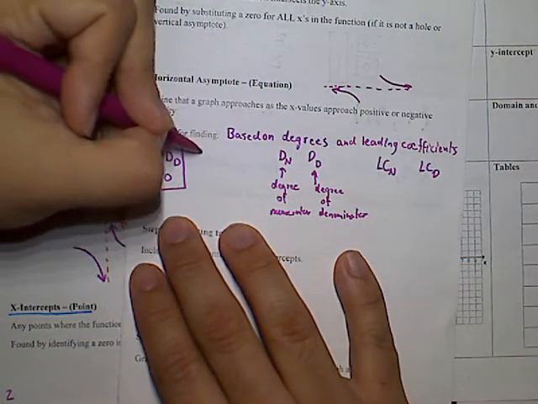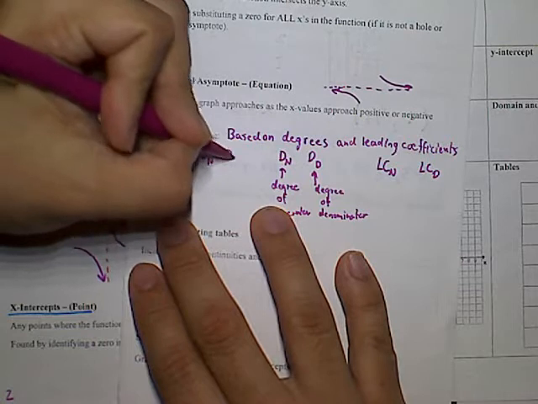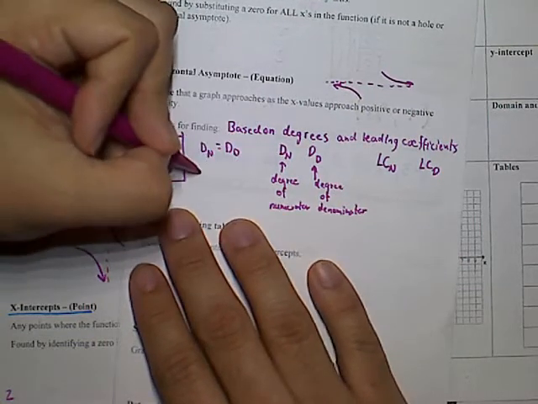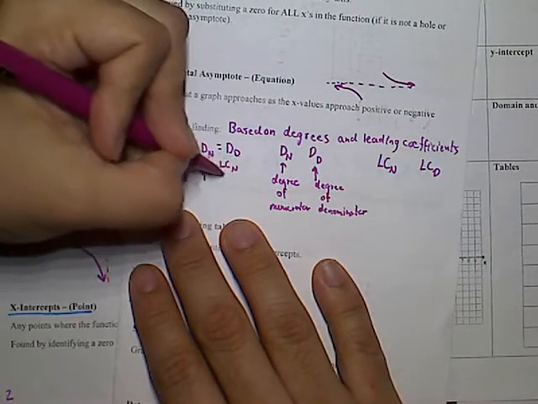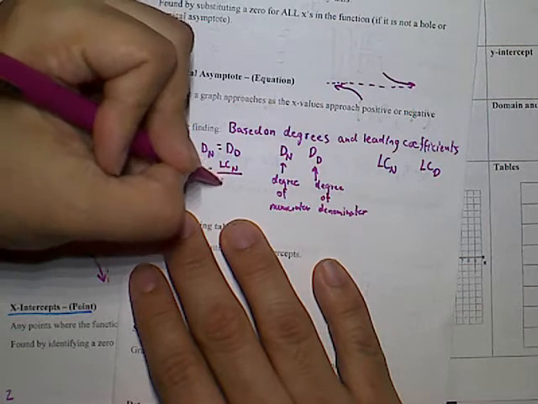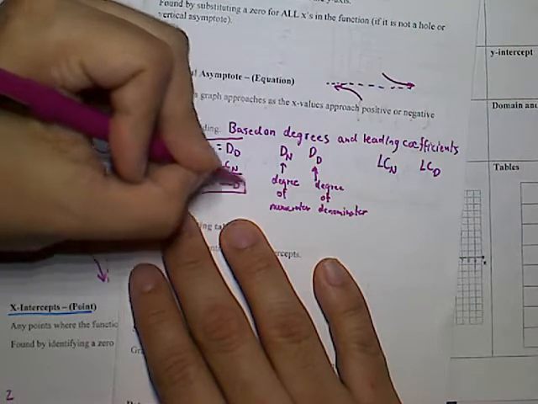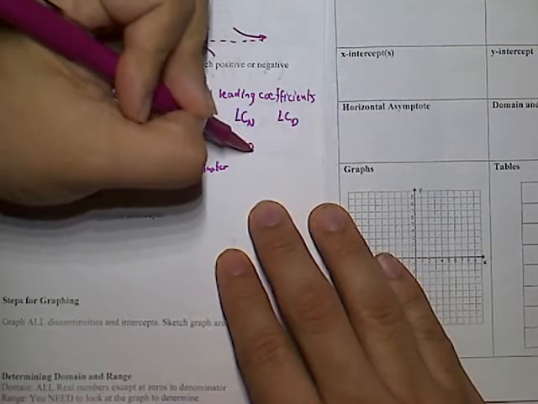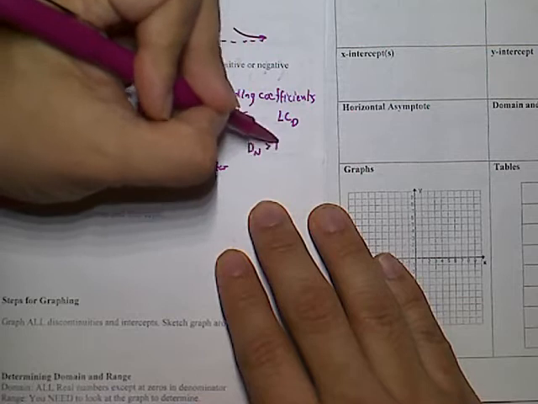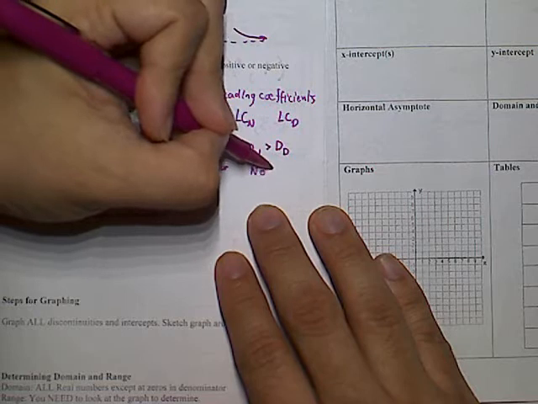The second case, if the degree of the numerator is equal to the degree of the denominator, the equation for the horizontal asymptote is y equals the leading coefficient of the numerator divided by the leading coefficient of the denominator. Finally, the third case, I'm going to write it over here. If the degree of the numerator is greater than the degree of the denominator, there is no horizontal asymptote.